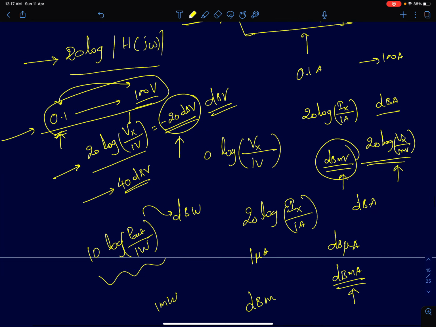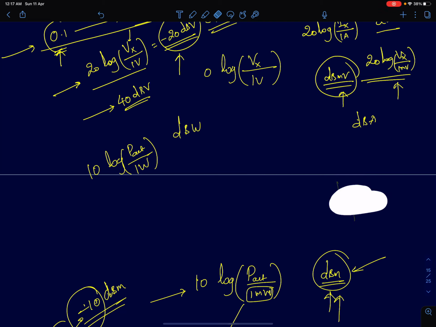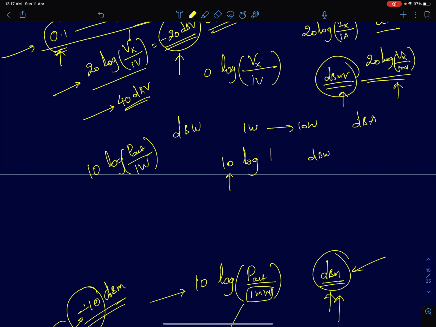A more popular way of expressing power in cellular systems also uses a similar definition of dB. For example, if the powers we are dealing with are in the order of 1 watt to 10 watts, in the same way as we define dBV, we define dBW, decibels with respect to a watt. We take 10 log of Px, the power of interest, divided by 1 watt.